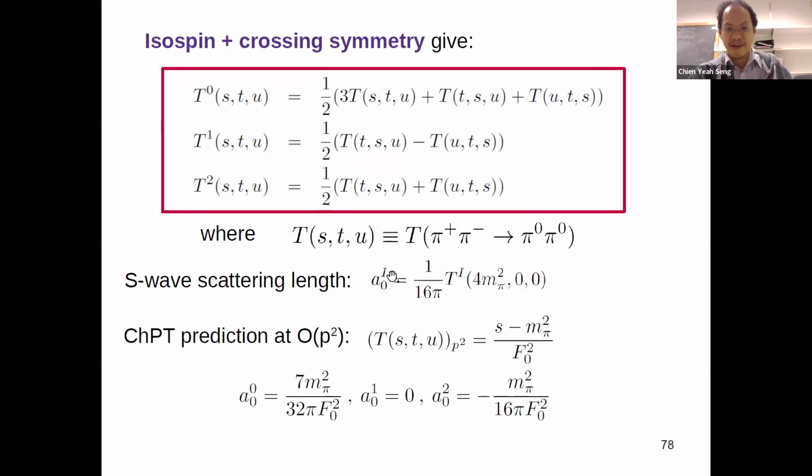In leading order chiral perturbation theory, you can predict the S-wave scattering length in the different isospin channels. You can predict that in the isospin channel 1, there's no scattering length, so the pions don't scatter at zero momentum, and the scattering lengths of the isospin 0 and 2 channels are also predicted.